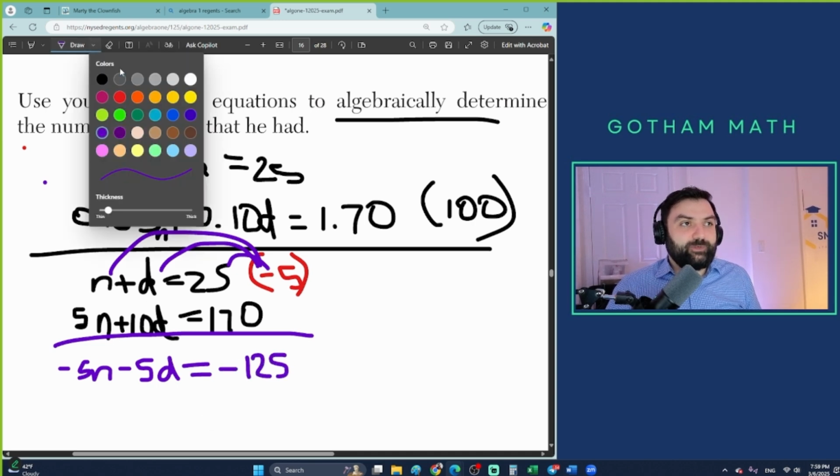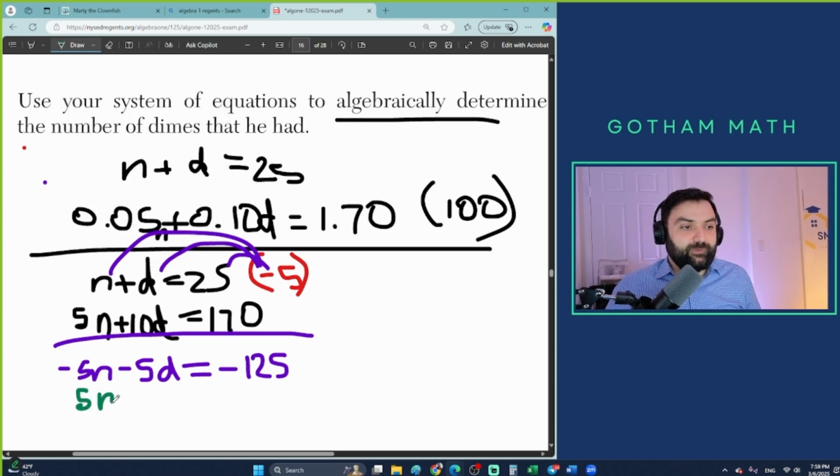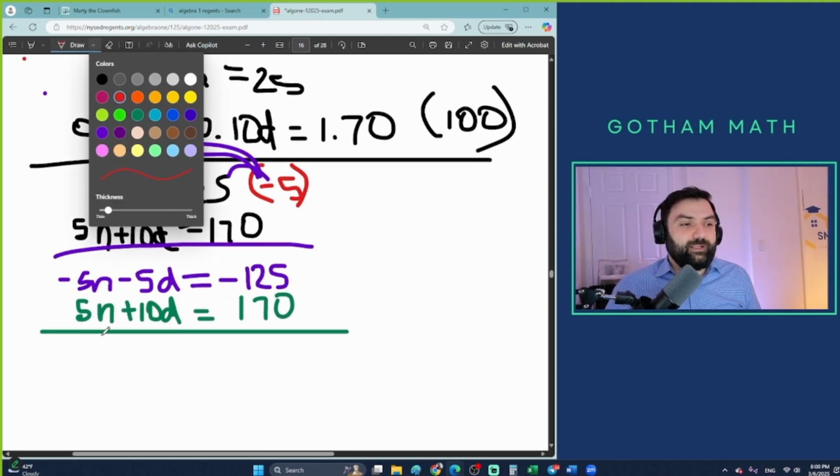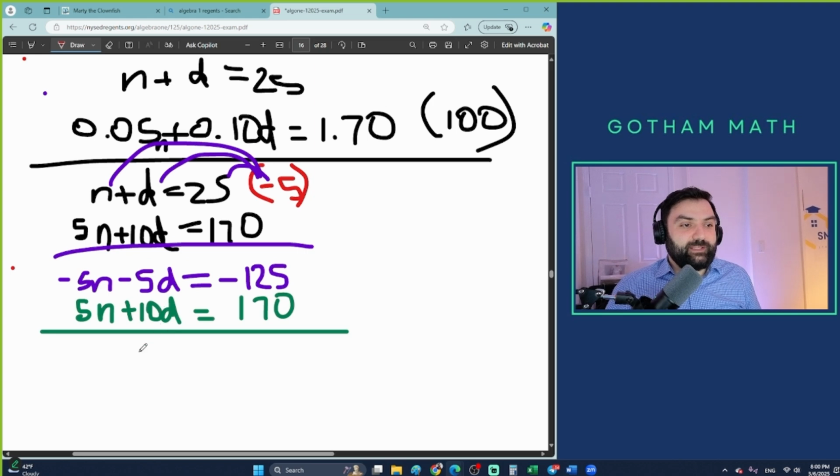The bottom equation, I'm just copying: 5n plus 10d equals 170. Now I'm combining like terms and eliminating the n's, and I'm going to have 5d equals 45, which means when I divide by 5, I get d equals 9.